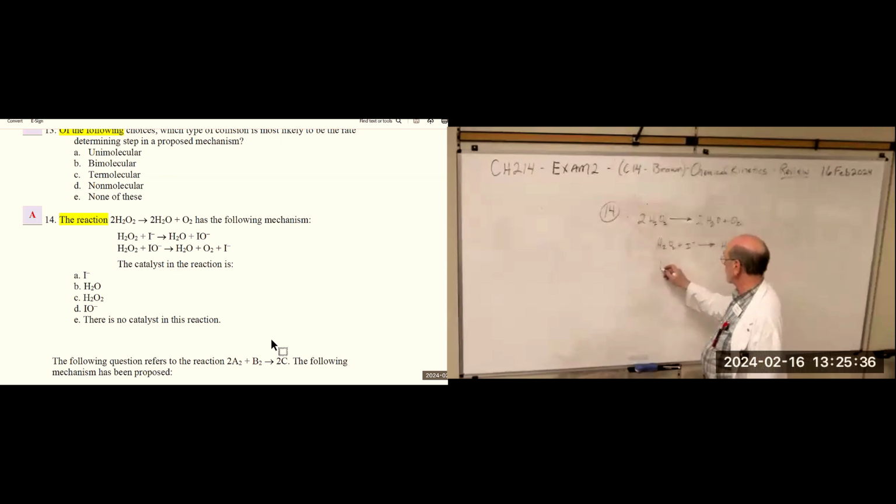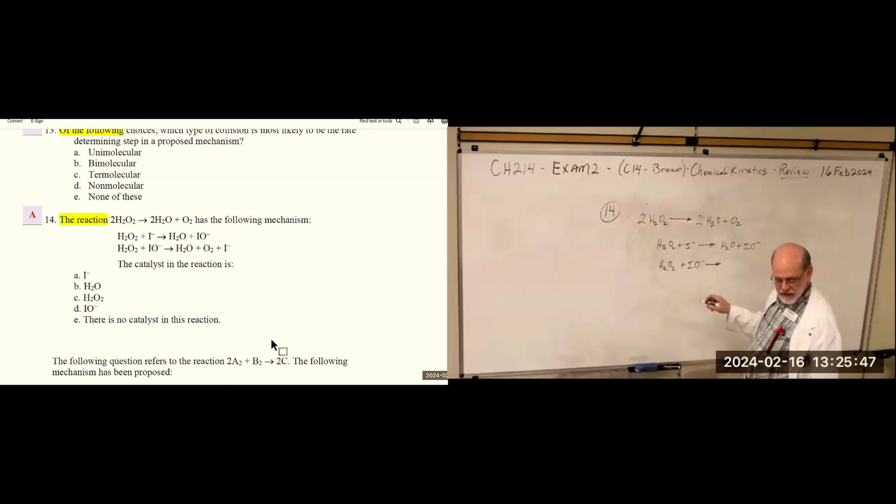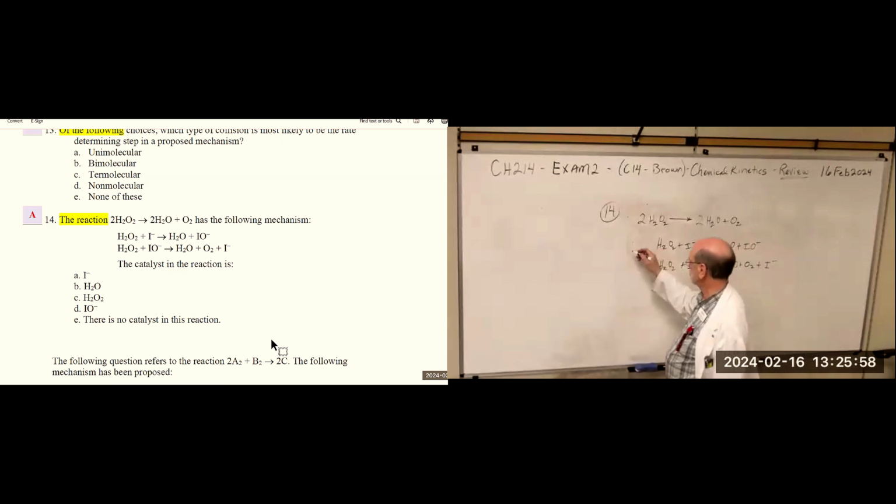And then H2O2 plus this intermediate, IO minus, yields H2O plus O2 plus I minus. All right, so this is step 1, this is step 2.